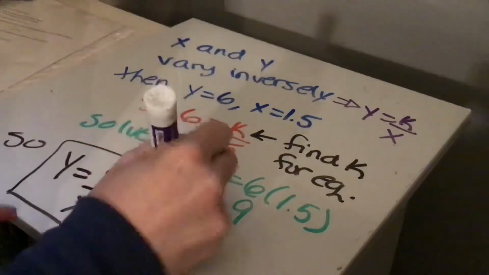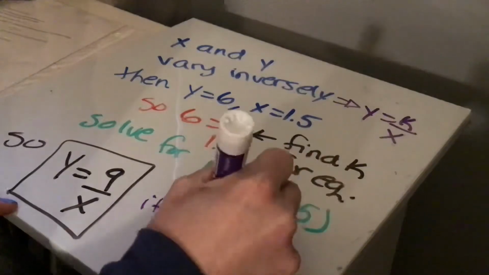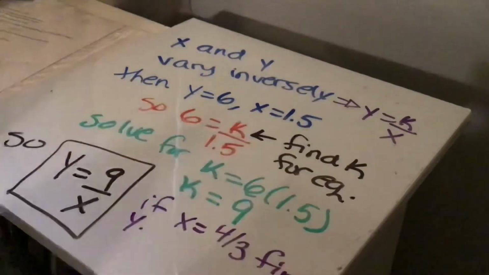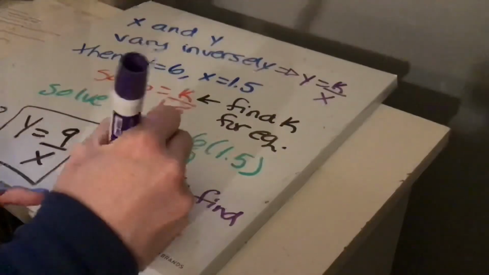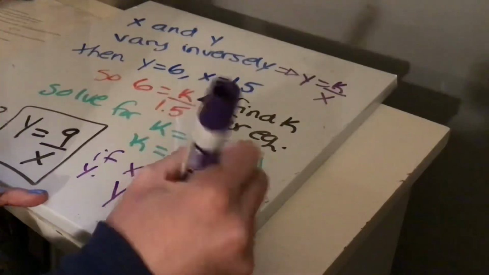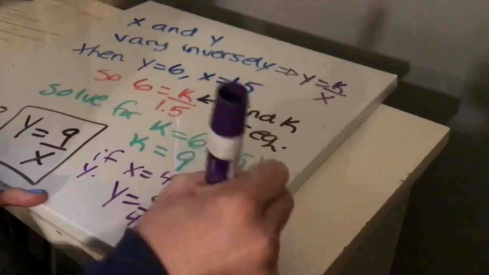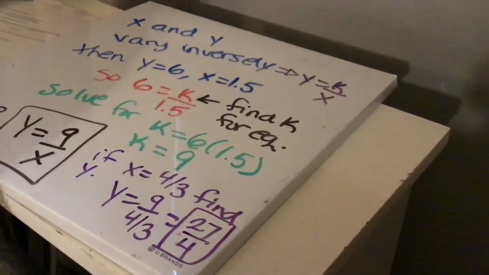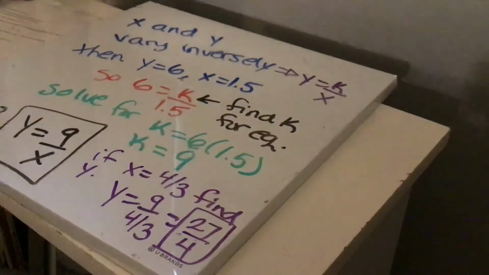If x equals 4/3, find y. Well, you now have your equation, so y equals 9 divided by 4/3, which equals 27/4, all because we knew that x and y varied inversely.